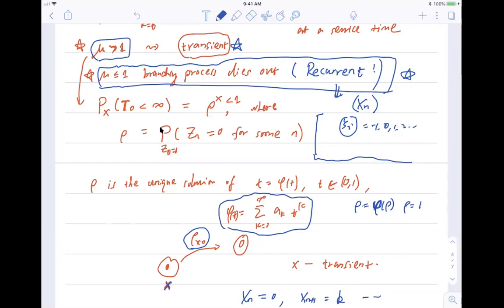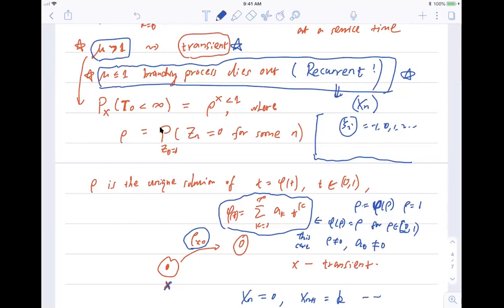So we want to solve phi(rho) equals rho for rho between 0 and 1. It could be 0, but in our case rho cannot be 0 because A0 is not 0.